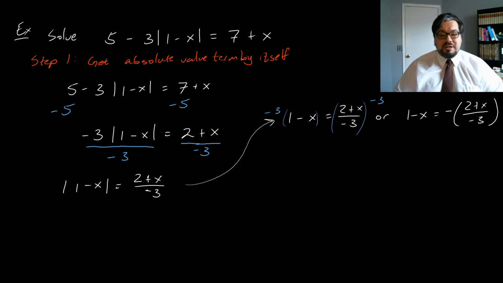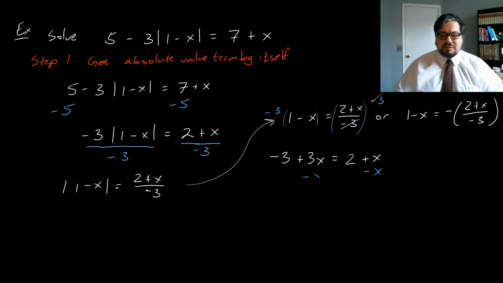Distributing the negative 3 through on the left, we get negative 3 plus 3x equals, and on the right, the negative 3's are going to cancel, and we'll be left with 2 plus x. So now we just need to solve for x.